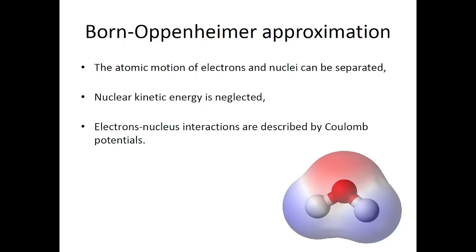It would provide the kind of advantages that we have also in the case of the standard formulation. So in this particular case, how do we introduce the Born-Oppenheimer approximation? This is very simple. We still take for granted that the motion of electrons and nuclei can be separated because of the mass of the nuclei, which is very, very big compared to the one of an electron.